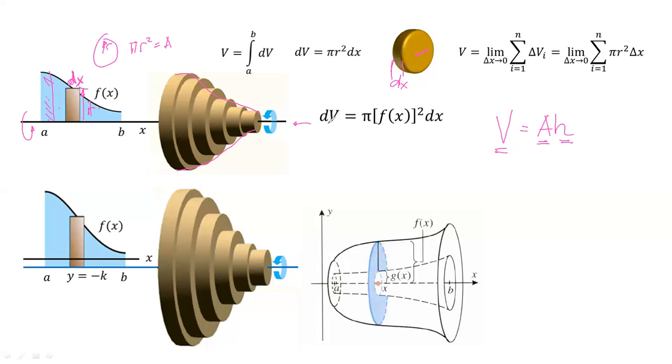So using your calculus in this sense to find the volume of this irregularly shaped solid using the disk method, you have this formula. The volume is equal to pi r squared, the area of the circular face, times the height.